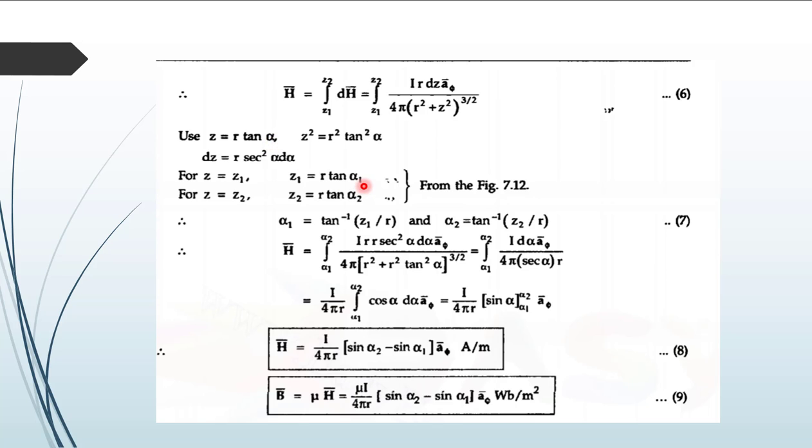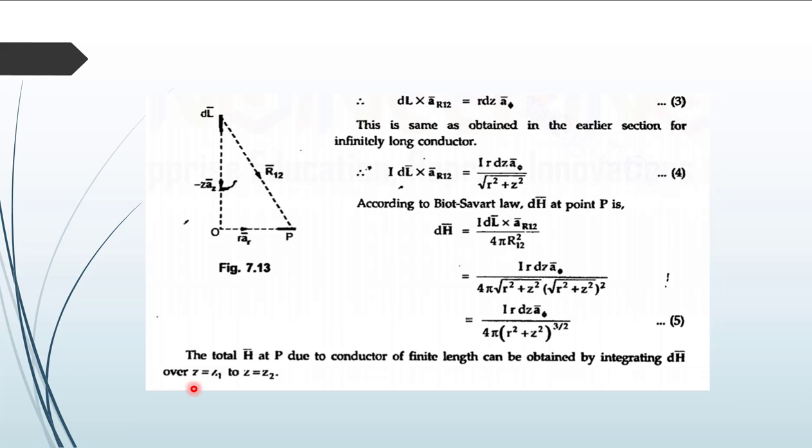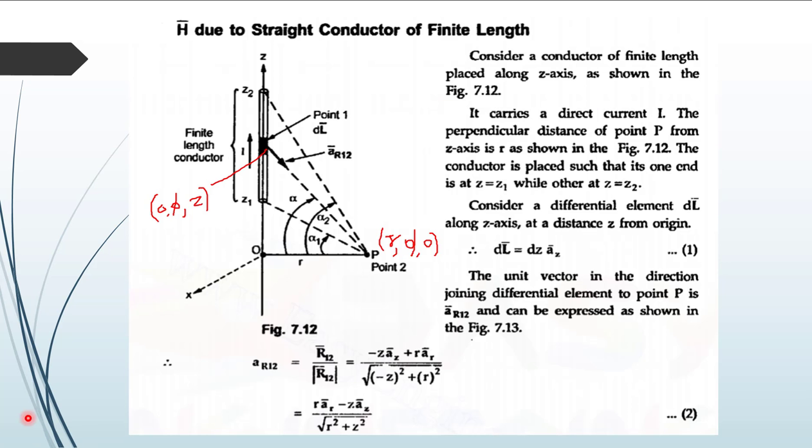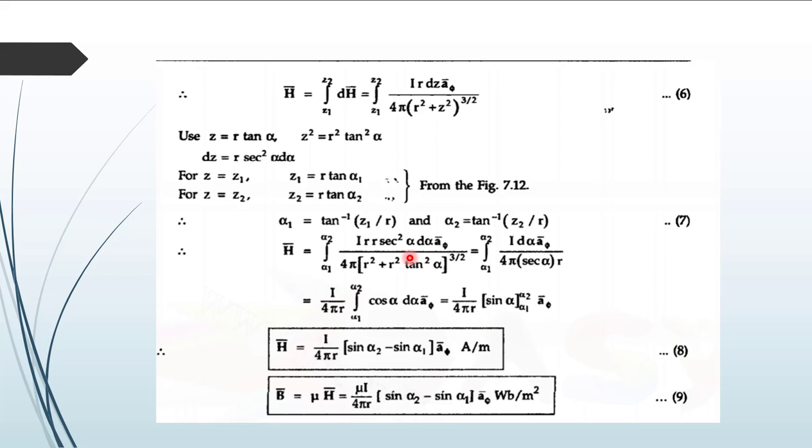If z is equal to z1, alpha is equal to alpha 1, and if z is equal to z2, alpha is equal to alpha 2, because at z1 the angle made is alpha 1, and at z2 the angle made is alpha 2.